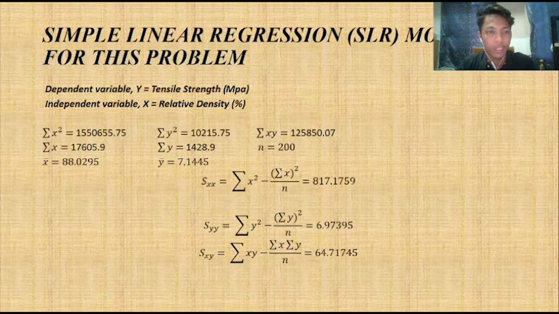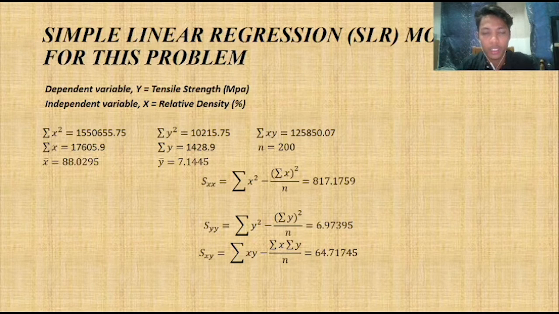In this problem, the dependent variable y is tensile strength. The independent variable x is relative density. The information given to us is sum of x squared equals 1550655.75. Sum of y squared equals 10215.75.